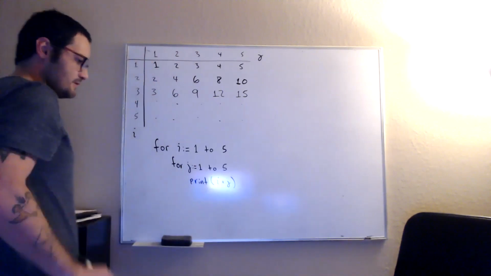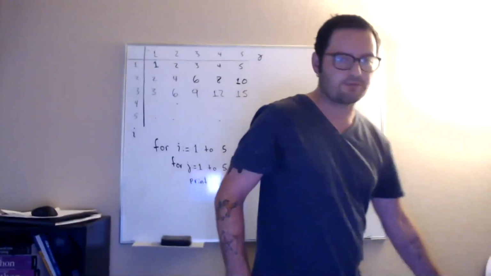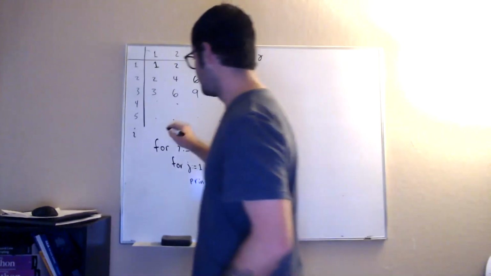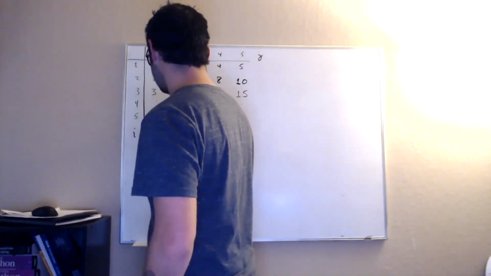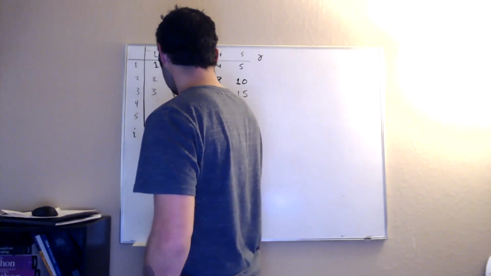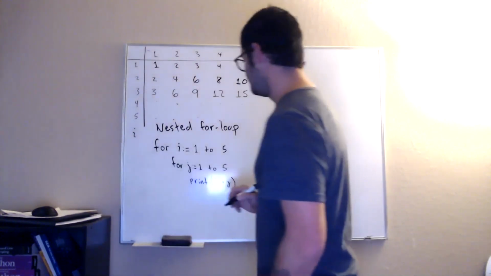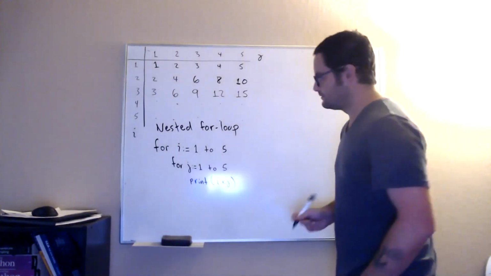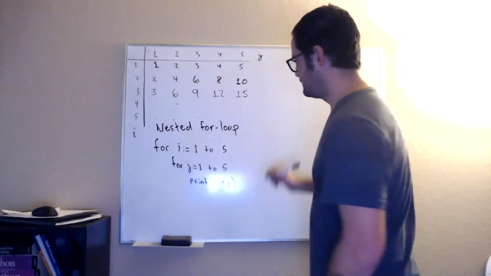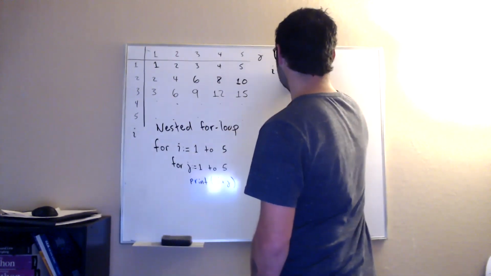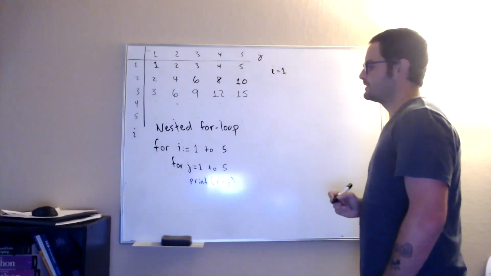So what's happening here? Let's walk through this nested for loop. Again, this is what's called a nested for loop. If we run through this, we take I equal to 1.